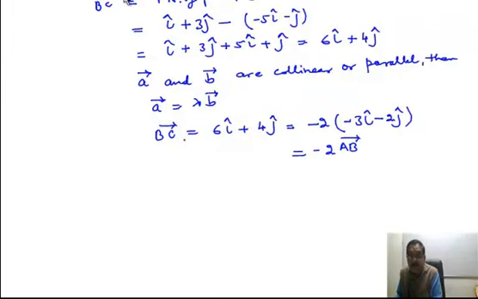That is, one vector is written in the lambda times of another vector form.